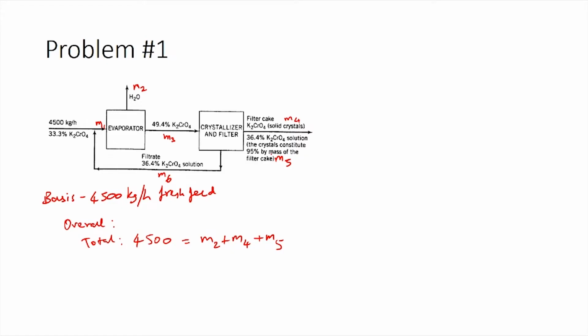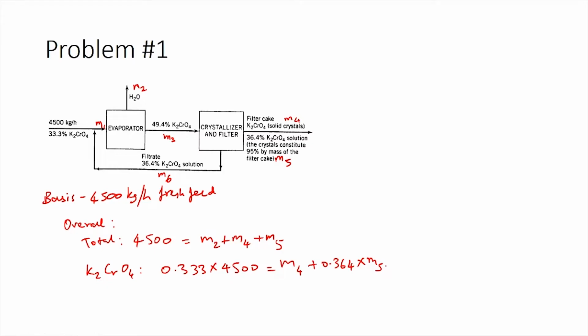We can also write the balance equation for potassium chromate. K2CrO4 balance would be, you have 0.333 times 4500 entering, and you have potassium chromate leaving in the form of M4 plus 0.364 times M5. So we now have two different equations.